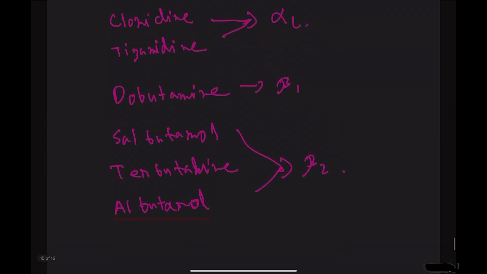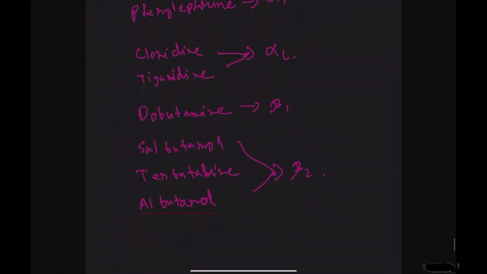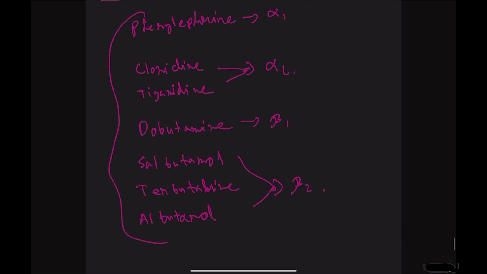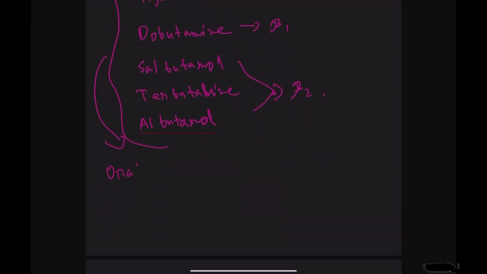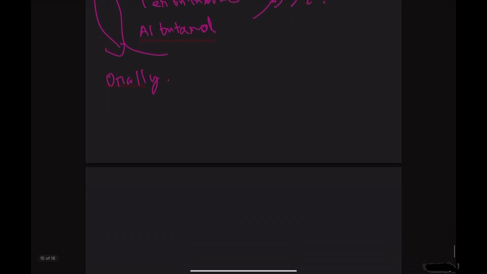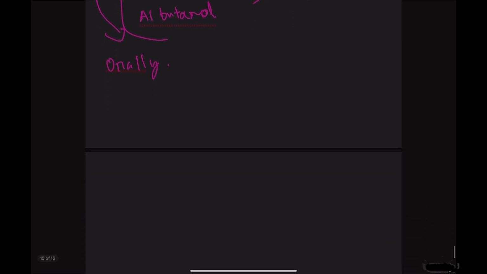So these specific drugs can be given orally, but the catecholamines can't be given orally. Why can't the catecholamines be given orally, but these specific drugs can?